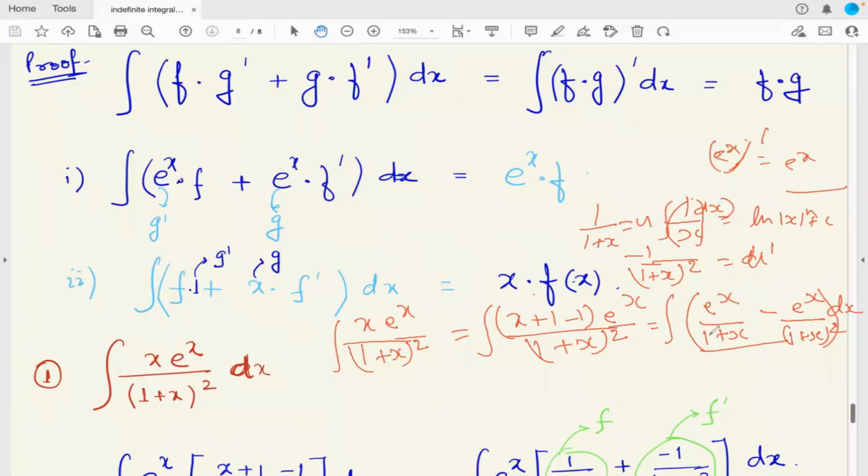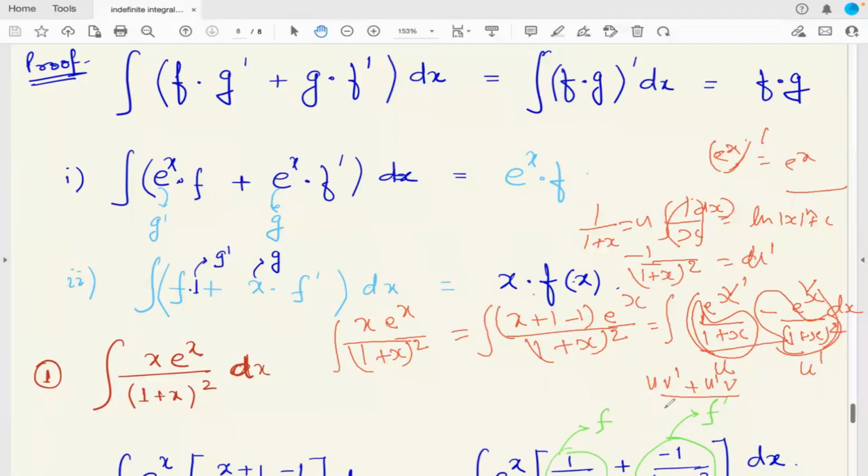So what I'm saying is, this function 1 by 1 plus x, its differentiation comes here as minus 1 by 1 plus x square. So if this function is u dash here, and if this function is v, then v dash is here. So it's again of the form uv dash plus u dash v.